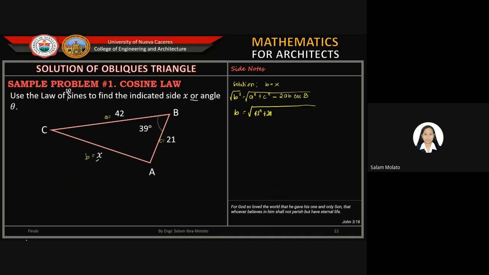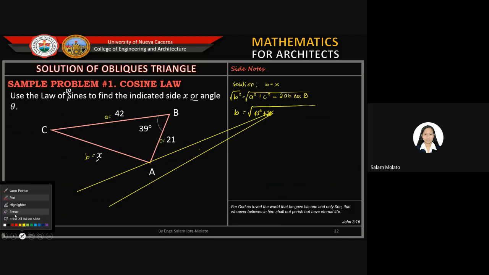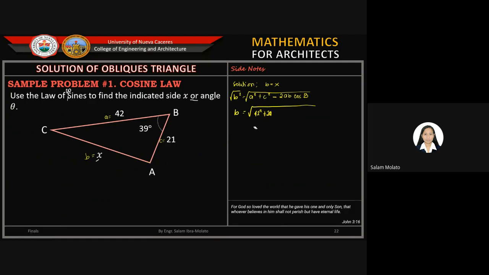21 squared minus 2 times 42 times 21 times cosine B, that is 39 degrees.